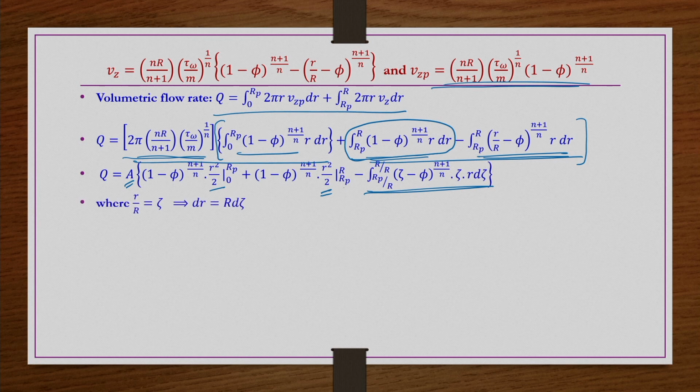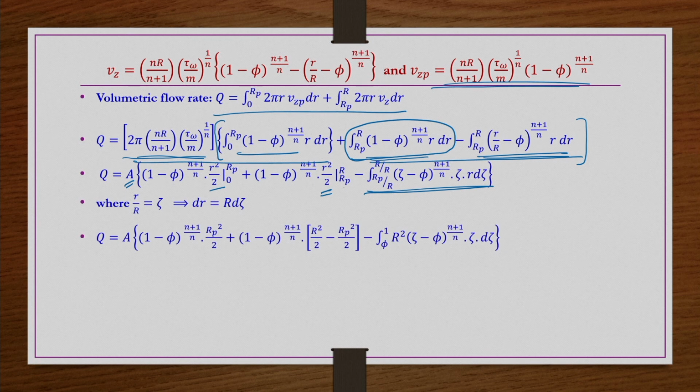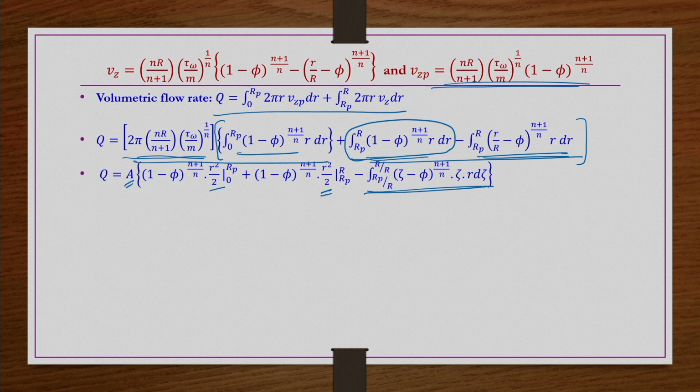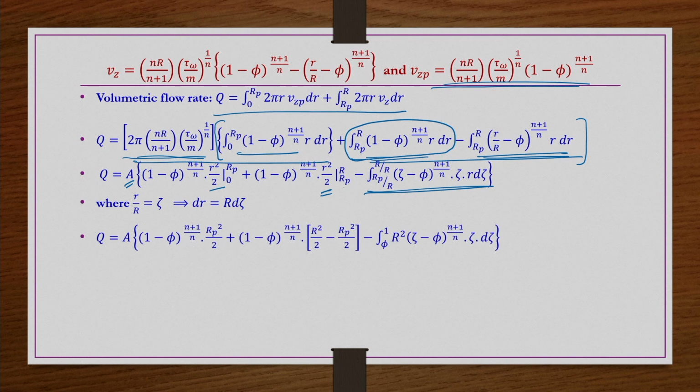Okay. So, now in this last term, what we have done is we have taken r by R as zeta, and dr is capital R d zeta. So, then we have this equation. This integration we will be doing slightly after some time. First two terms, when you substitute the limits, you get these expressions.